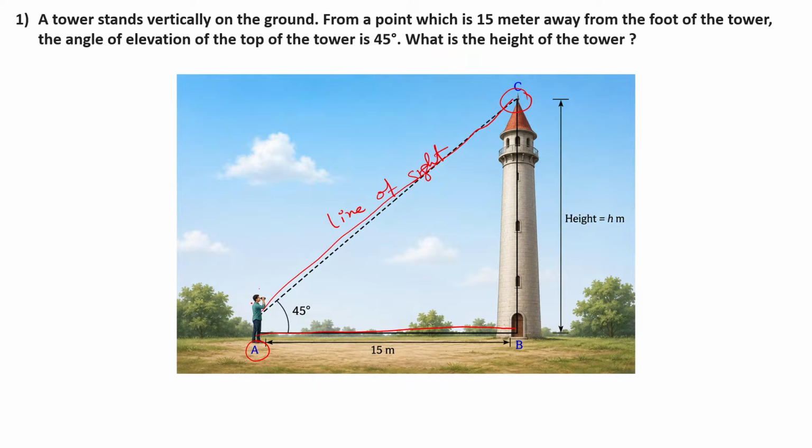Now since the observer is raising his head to observe the top of the tower, the angle formed between the line of sight and the horizontal is called angle of elevation. I hope you understood now very clearly. The observer is raising his head to observe the target. Hence, the angle formed between the line of sight and the horizontal is said to be angle of elevation. All right.